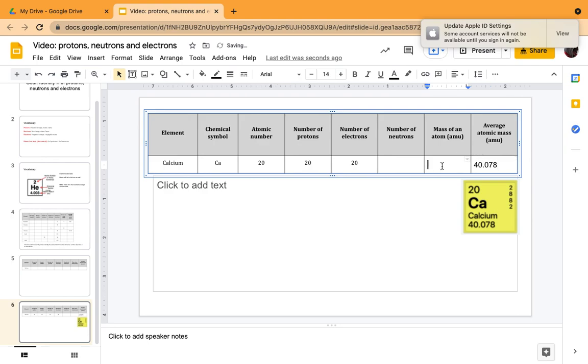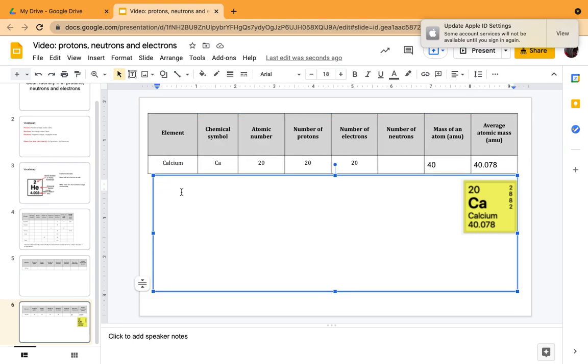So the mass number is the rounding of this number, so I'm going to say 40. And I said this before and I'll say it again, the mass number equals the number of protons plus the number of neutrons.